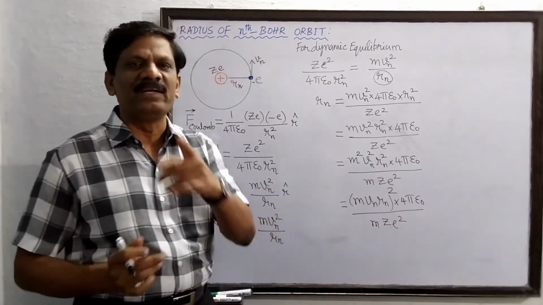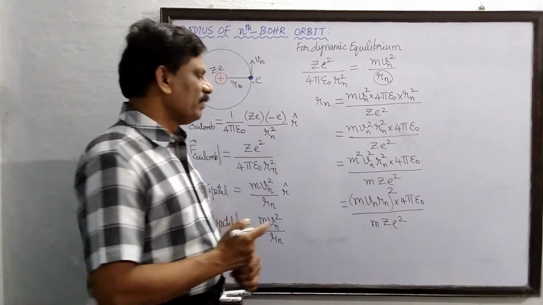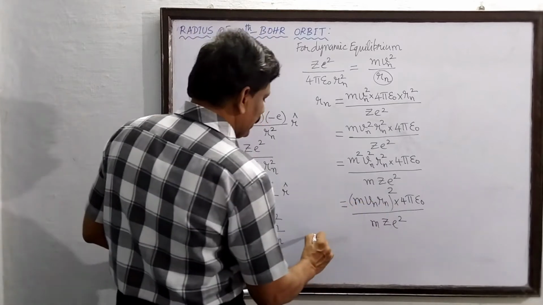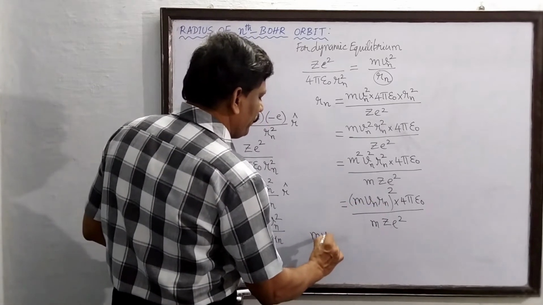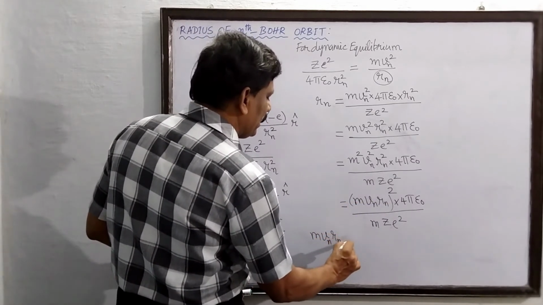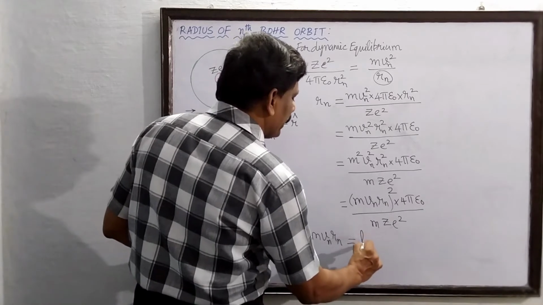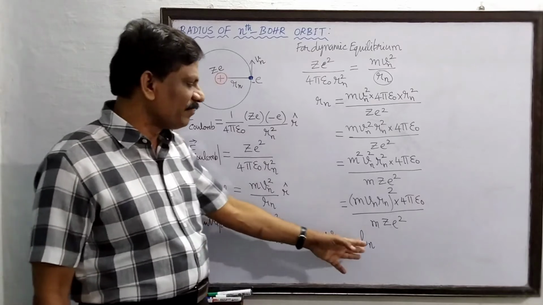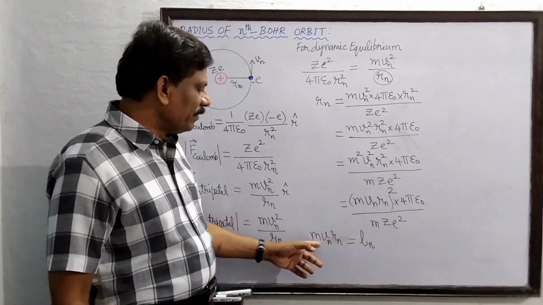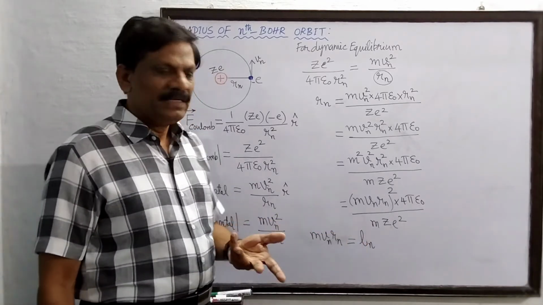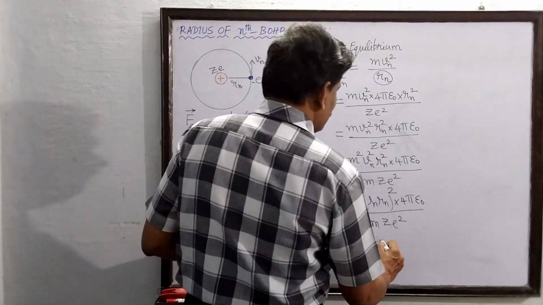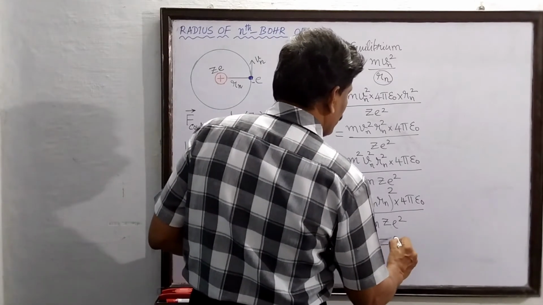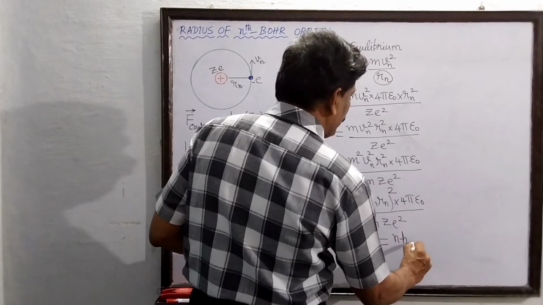Is it not? We have studied Bohr's postulate. So from Bohr's postulate, this mvr is equal to L, that is angular momentum in the nth orbit. So L suffix n I can write. So mvr is equal to L, and this is also equal to nh by 2 pi.